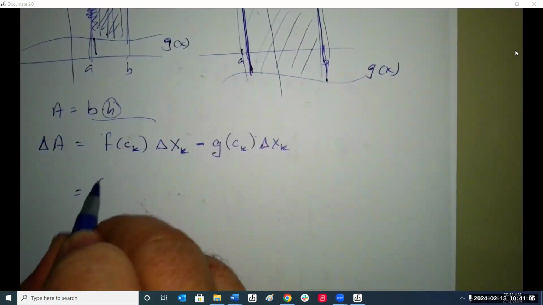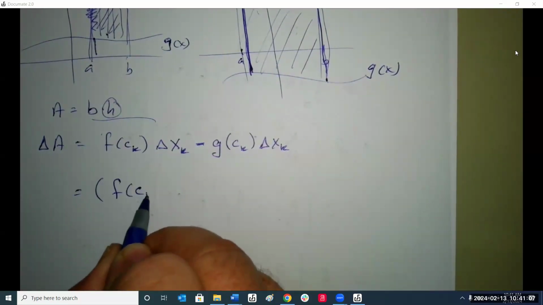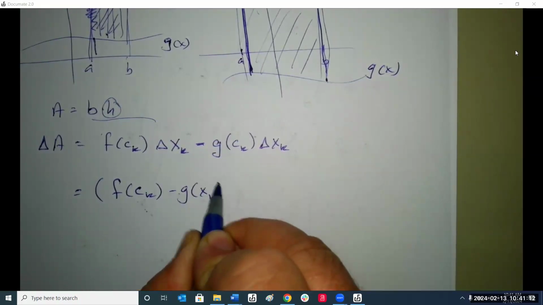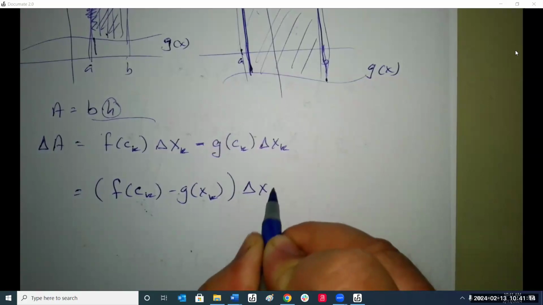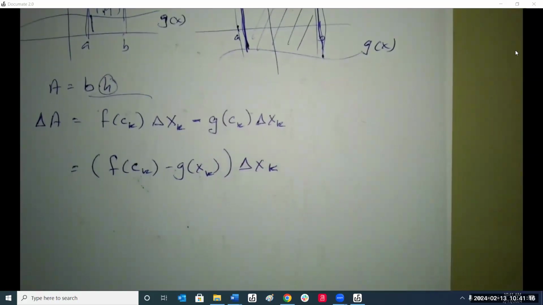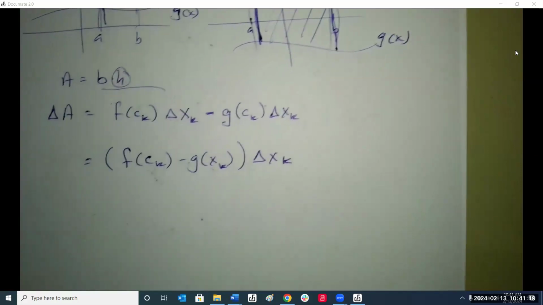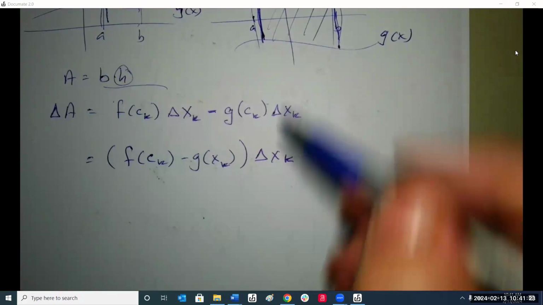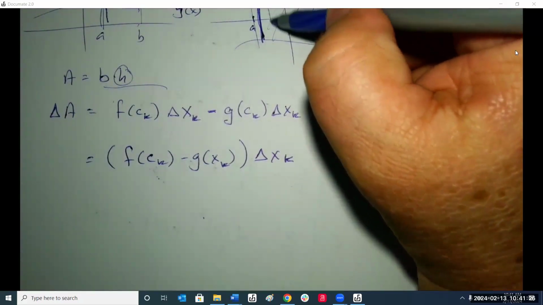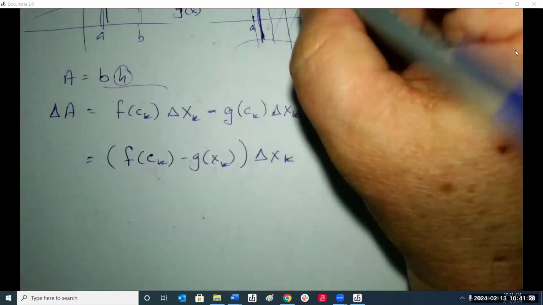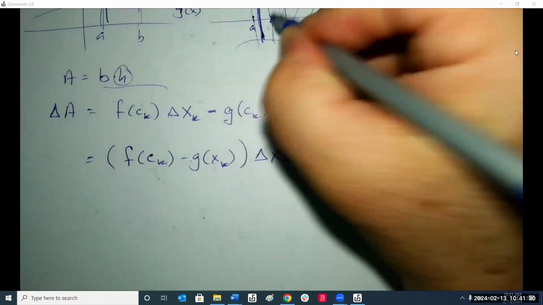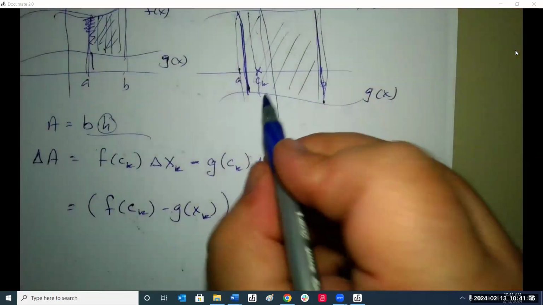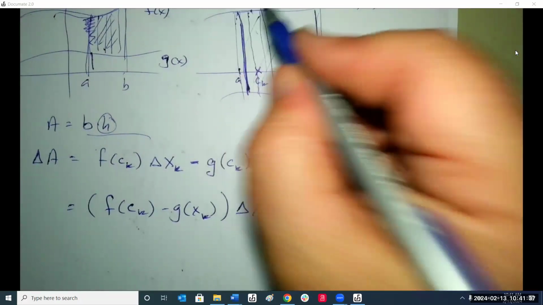So what we're looking for here is this formula. So that's going to be for each little rectangle. Again, because we have intervals, to make it better, we use the midpoint to find the height of it.